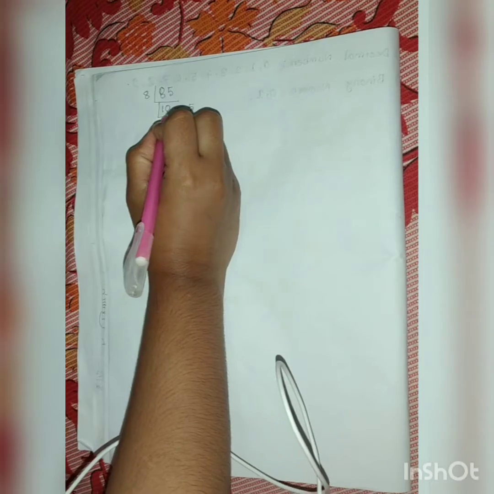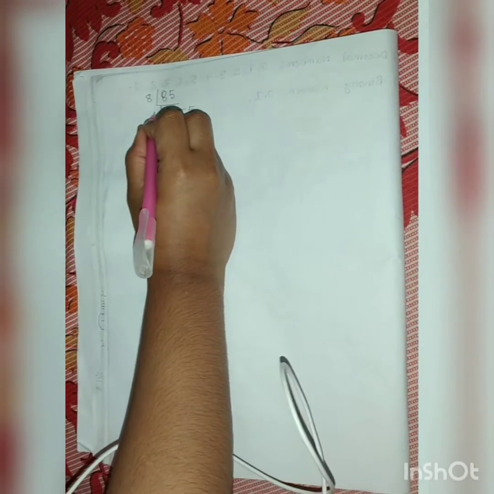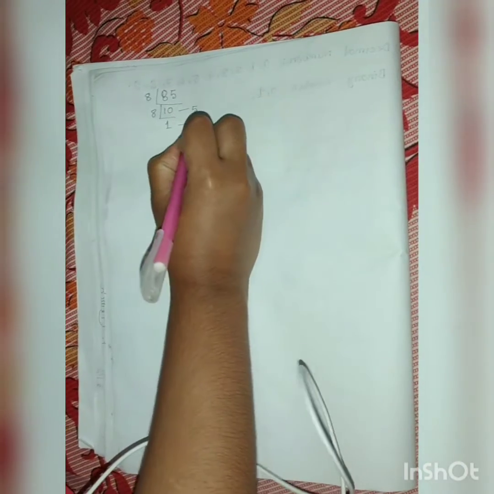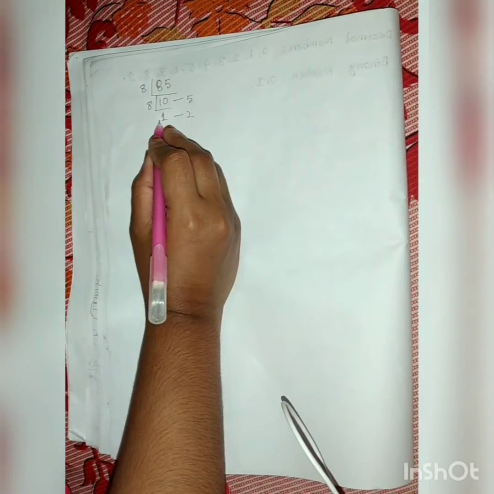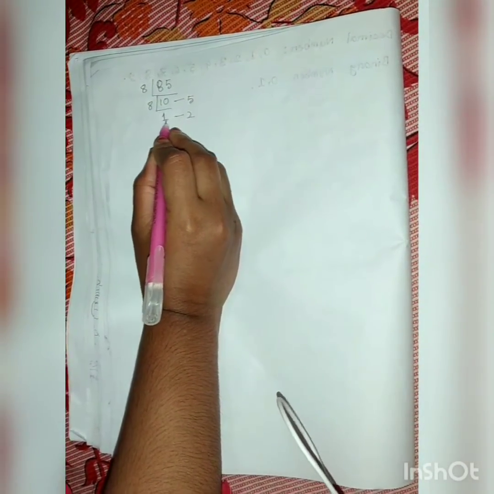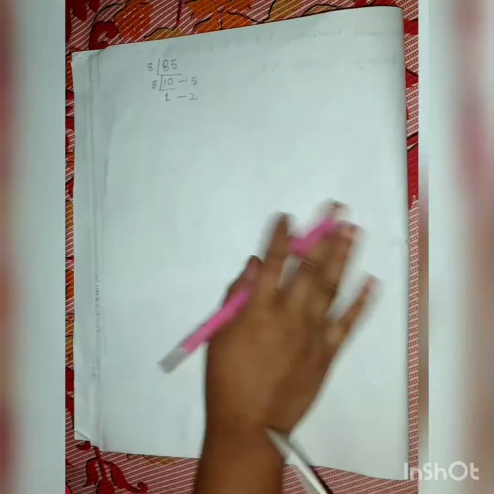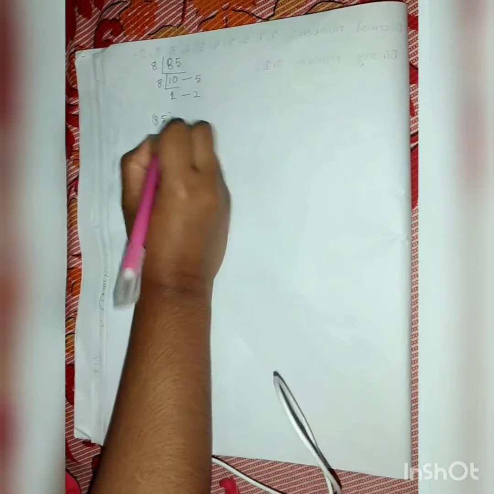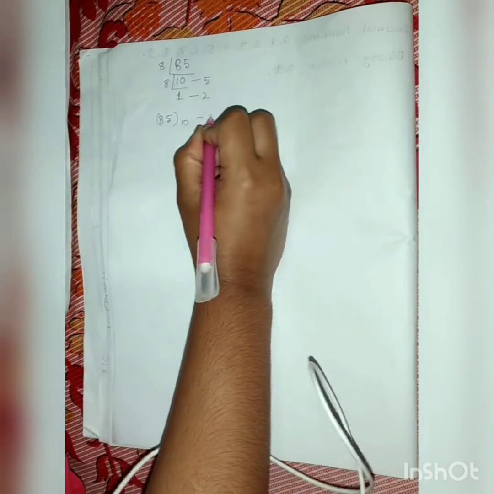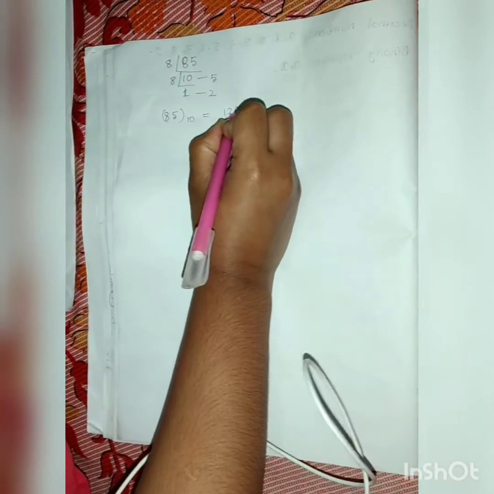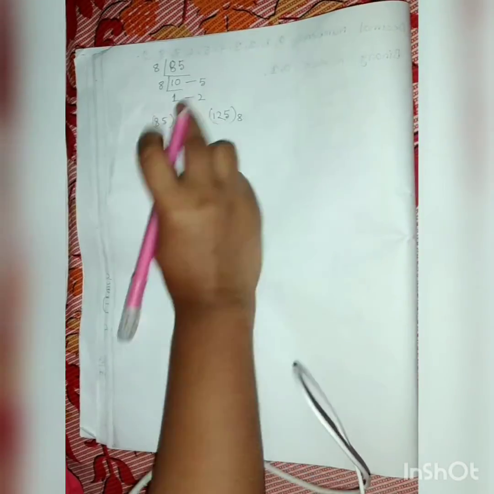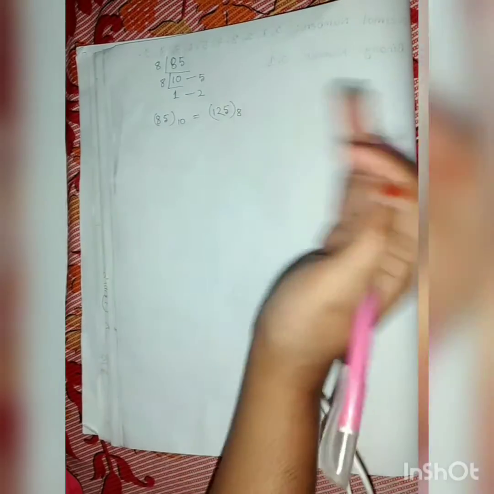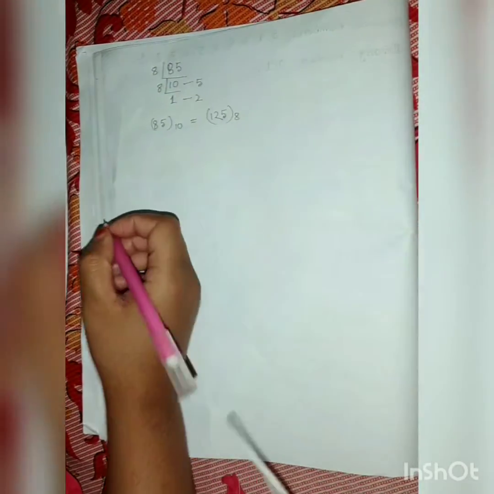Again we will divide this 10 by 8, then it is 1, the remainder is 2. We can't divide this 1 by 8 anymore, so the octal of 85 is 125. We will take this number reversely.